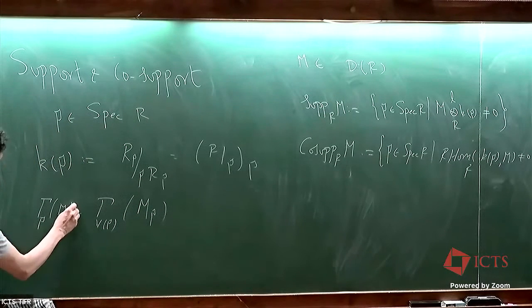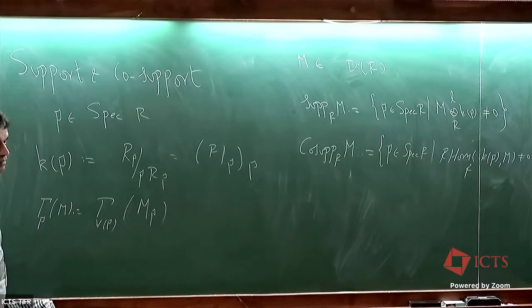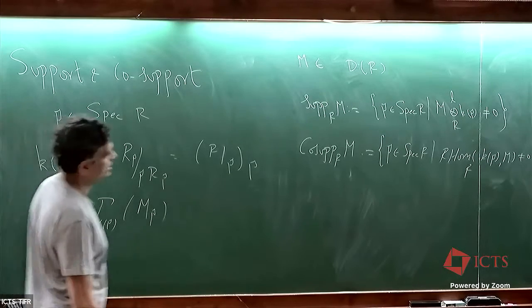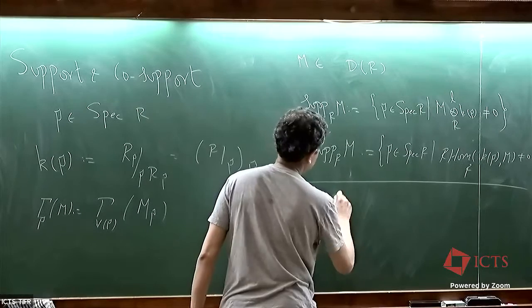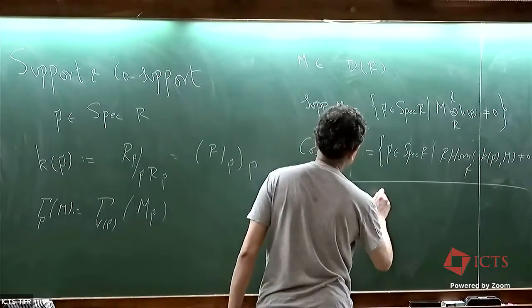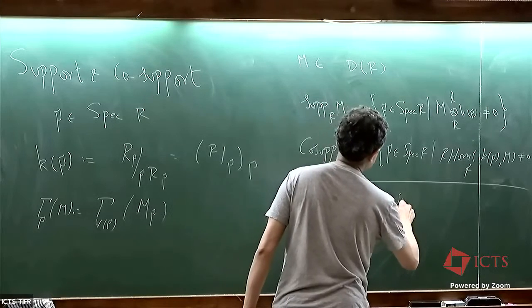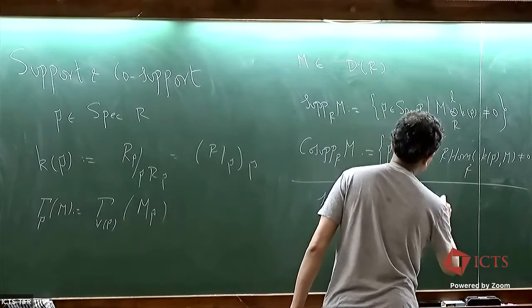So this is the definition. So look at this functor, M going to this. You might think of this as the part of M supported exactly at P. So the P-local, P-torsion part of M. Then the support can also be described in terms of this functor: it's the primes where M tensor gamma P M is non-zero.